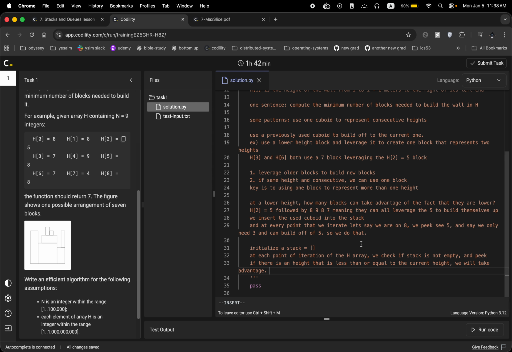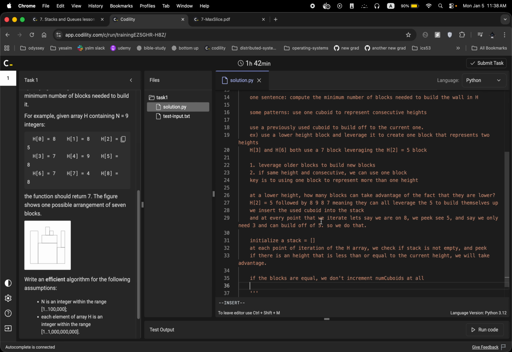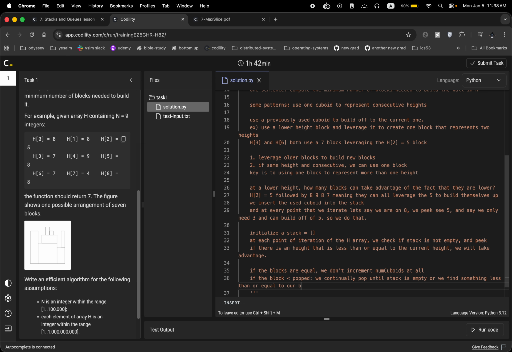There are some cases here. If the blocks are equal, we don't increment num cuboids at all. If the block is less than the peak or that popped, we continually pop until the stack is empty, or we find something less than or equal to our block.